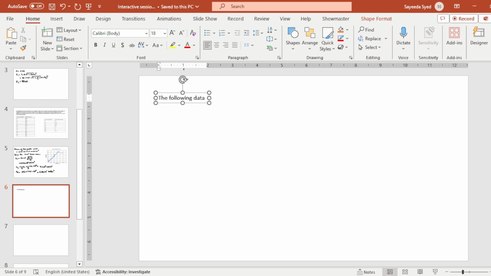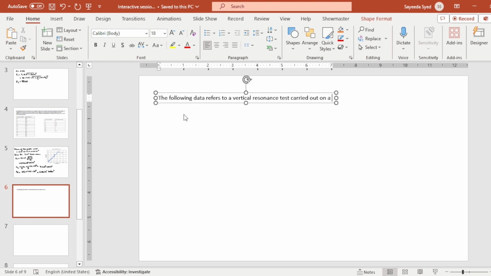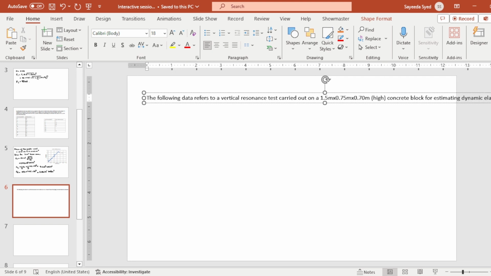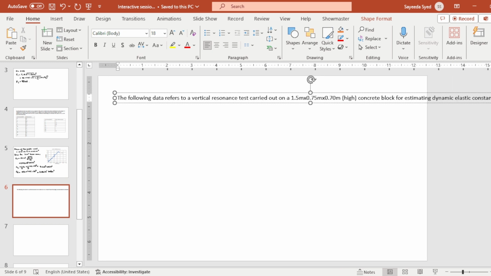The following data refers to a vertical resonance test carried out on a 1.5 meter into 0.75 meter into 0.70 meter high concrete block for estimating dynamic elastic constants for the design.